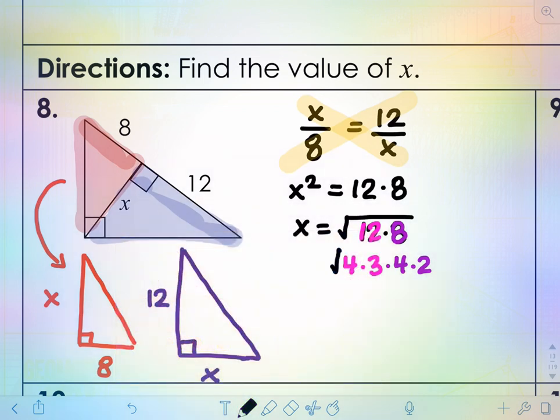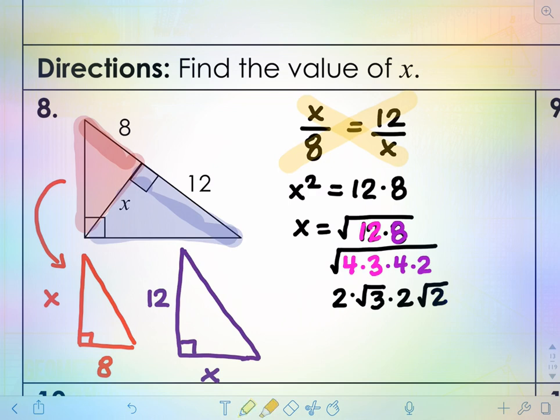If I take the square root of that, the square root of 4 is just 2. The square root of 3, we just leave as is. The square root of 4 is 2. And then the square root of 2, we can't simplify, so we're going to leave it as is.